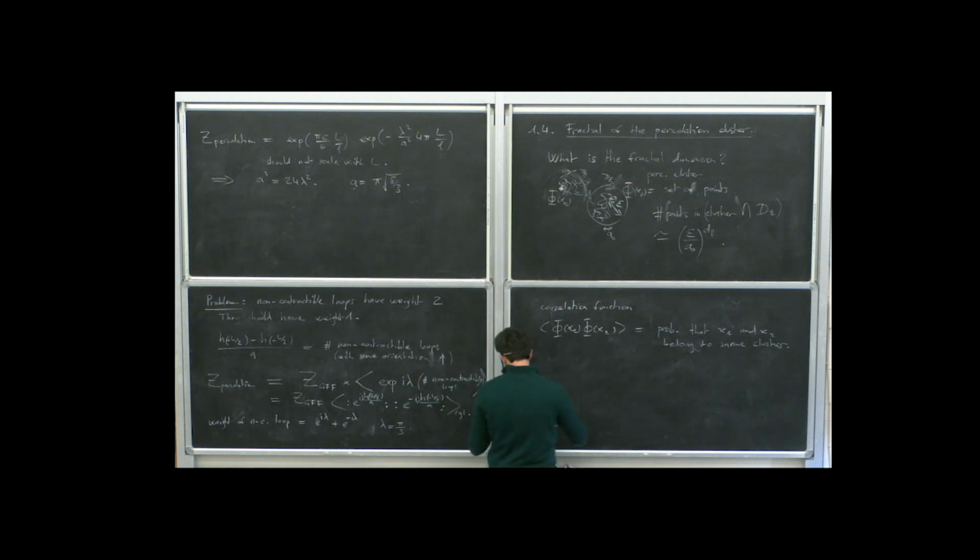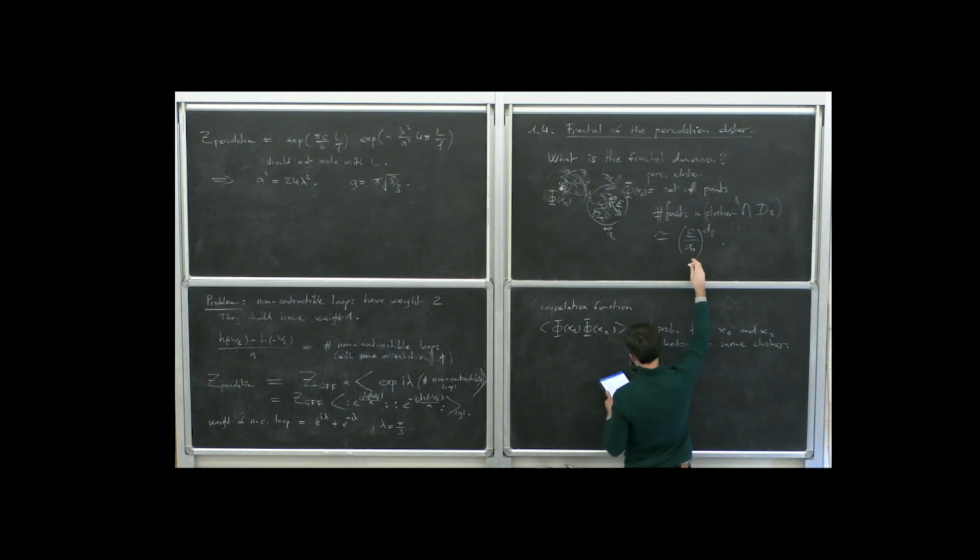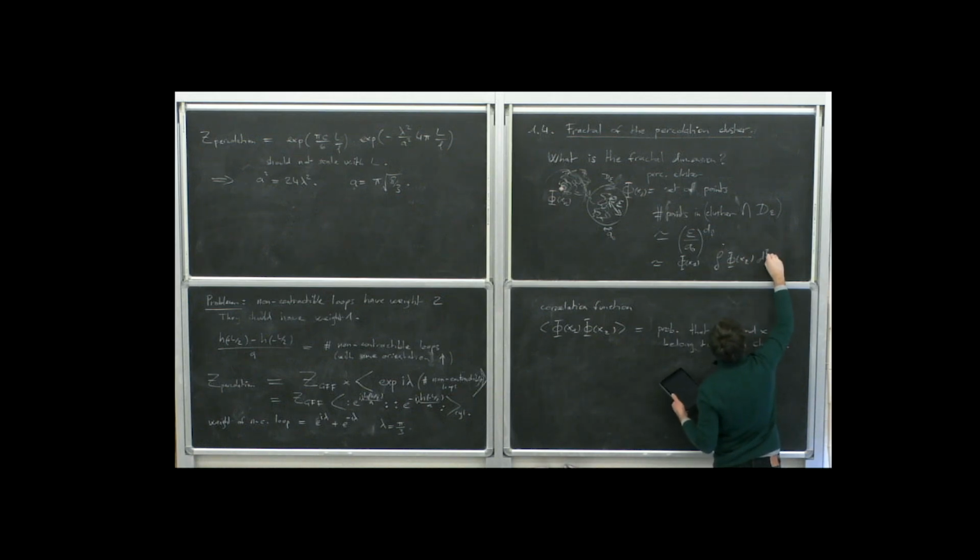And if we rephrase this in this language, then the number of points in that intersection is going to be, one way to compute it, phi at point x1, and then we take phi at point x2 and integrate it over the disk of radius epsilon, and take the correlation function of this thing.